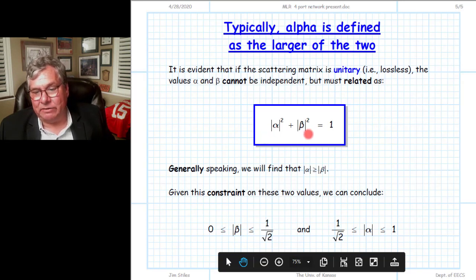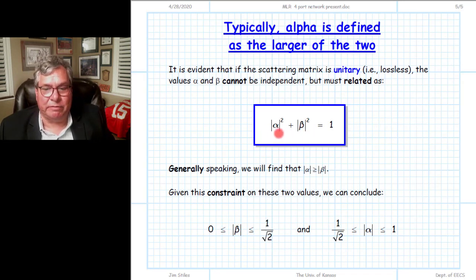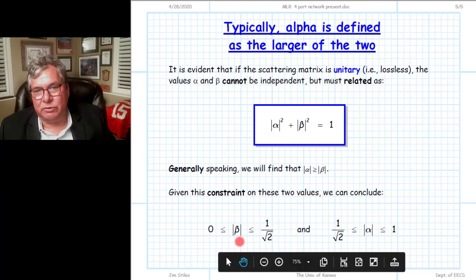They could be equal in magnitude if the magnitude squared of each were equal to 0.5, and that oftentimes happens. But if one of the values, magnitude squared, is greater than 0.5, then the other one must be less than 0.5. In that case, the smaller of the two values is assigned to beta. So the magnitude of beta is somewhere between 0 and 1 over the square root of 2, and the magnitude of alpha is the larger value, somewhere between 1 over the square root of 2 and 1.